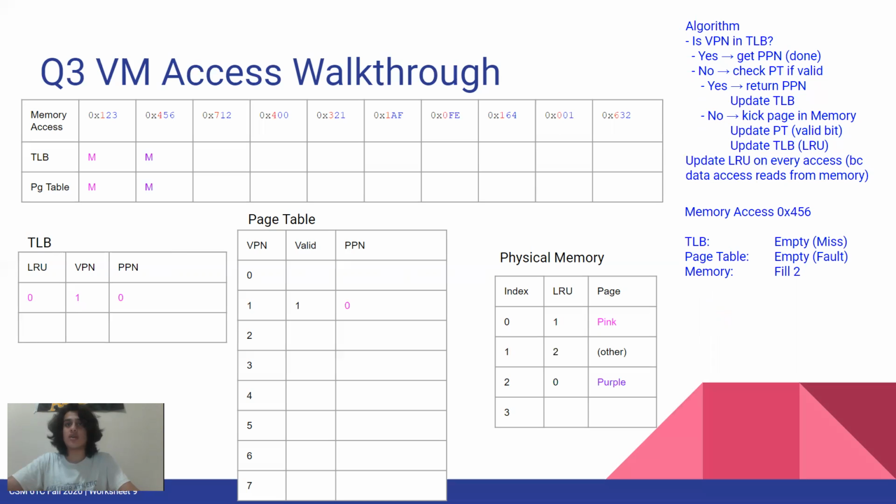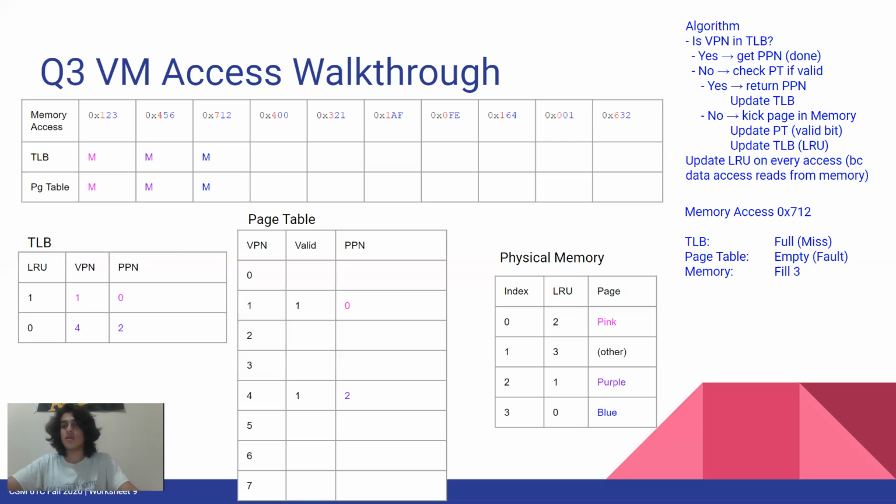Now we're looking at 4, 5, 6 in hex. Again, it's not there, right? Our VPN is 4. It's clearly not in our TLB or page table, which is very empty at this point. So then we have to fill in our memory and populate our caches.